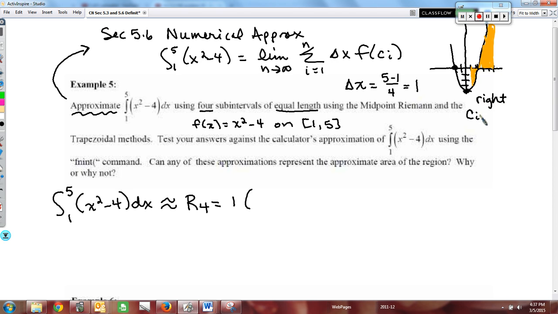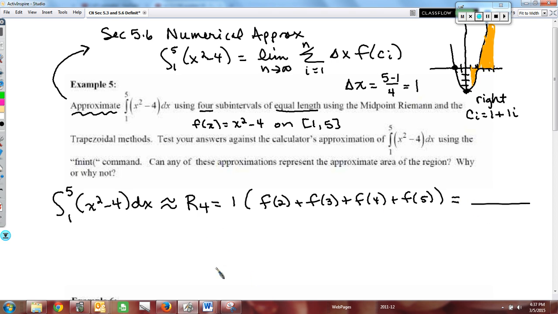The right endpoint is going to be 1 plus 1i, so that makes it easy. So our right endpoint, the first one, is going to be 2, then 3, then 4, and then 5. So that one's fairly easy. We'll come back and calculate in a second what the actual value is that we get from the calculator.